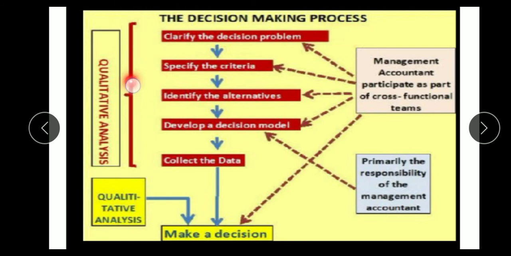Here it is given the qualitative analysis. Firstly, we have to clarify the decision problems. Then we have to make the criteria. Then identify the alternatives. Then develop a decision model. Then collect the overall data. And then make a decision.